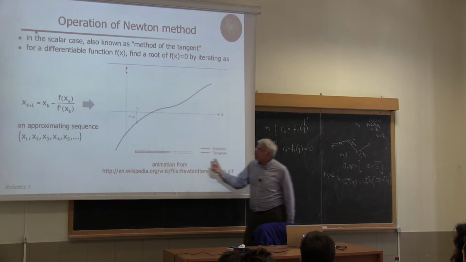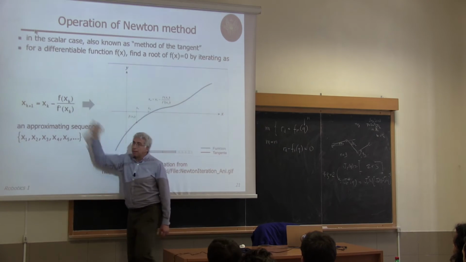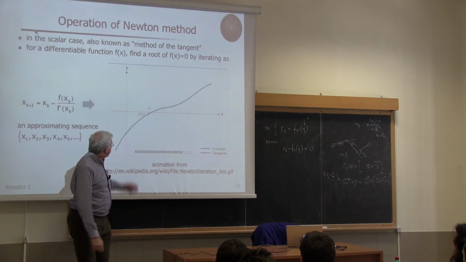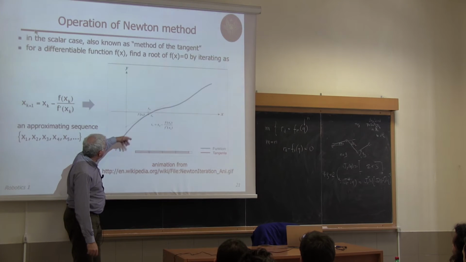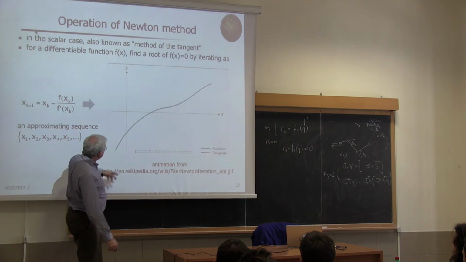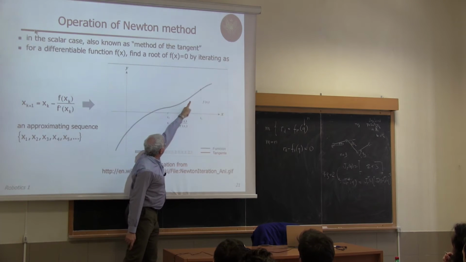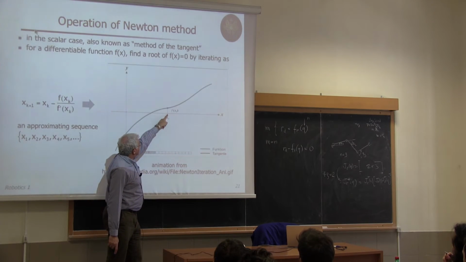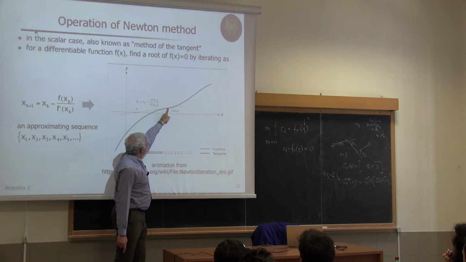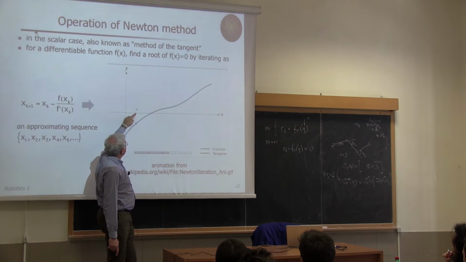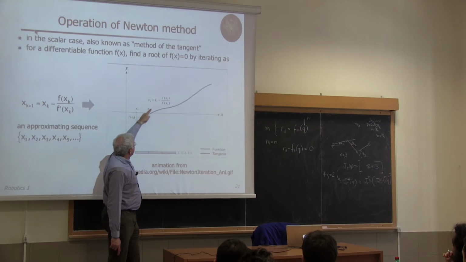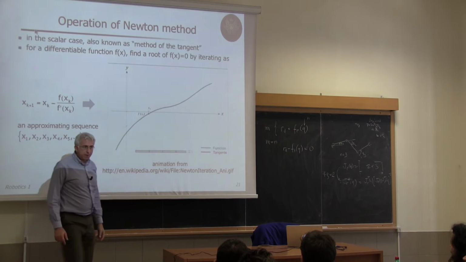So Newton method sets up this type of iteration. Okay, and here you have an animation of what happens. You start from this guess, you have this value, you go along the tangent, you find the zero of the tangent, you have this point, this is the new estimate, go there, tangent to the function, and so on. Okay?